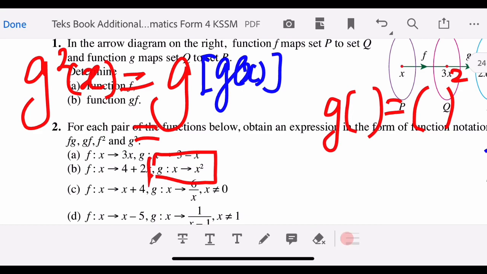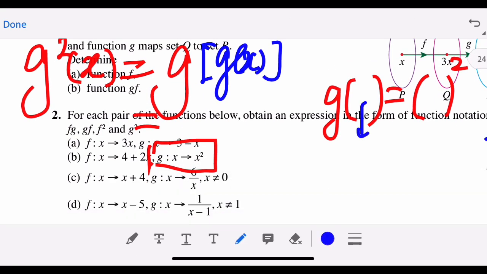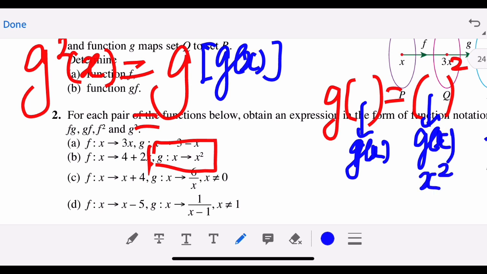If we substitute the object here, we substitute the object g(x). Here also you have to substitute g(x), but g(x) here is x squared. This is g(x); inside I have to substitute g(x).